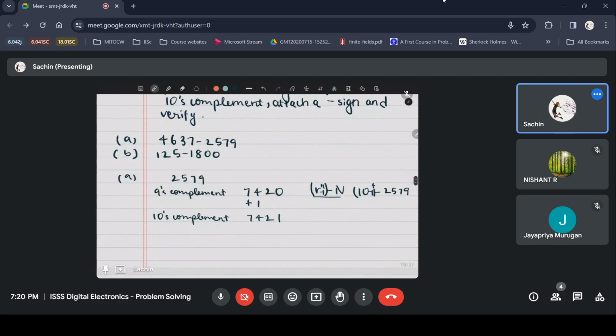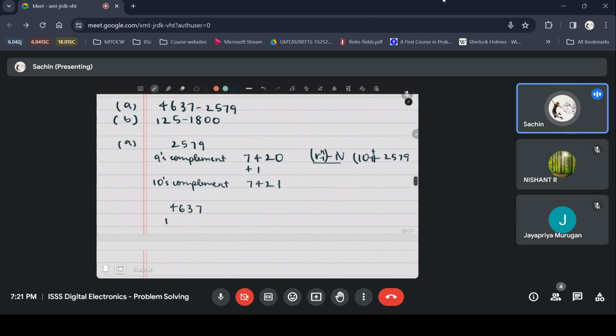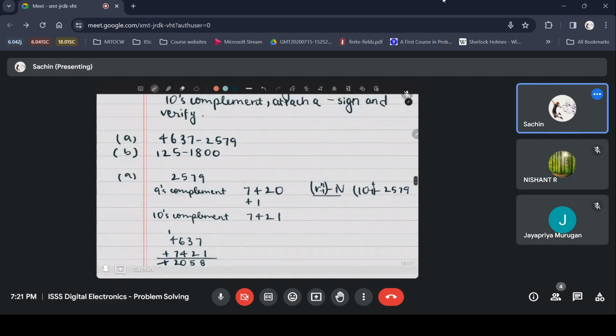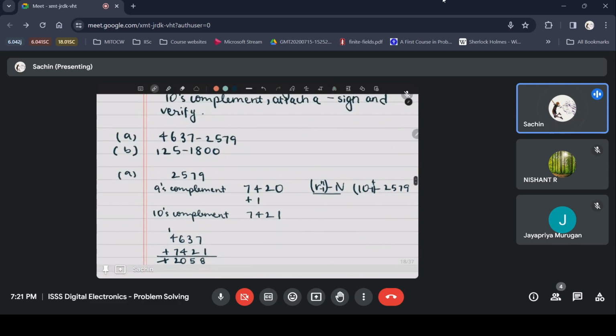Now we add it. We wanted 4637 minus 2579, so you add the tens complement. You get 8 5 12 1. You discard the carry, so 2058, and you can verify 4637 minus 2579, it will be 2058.